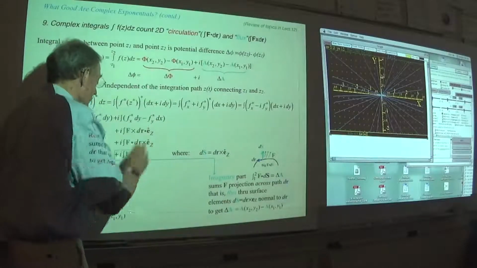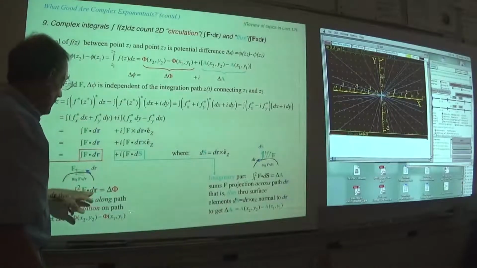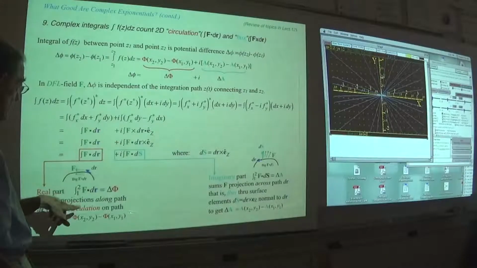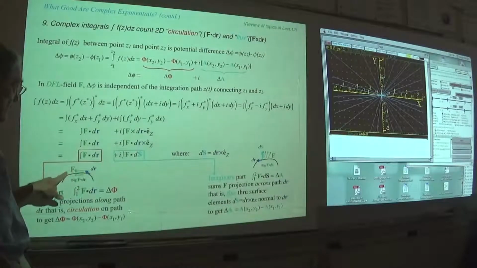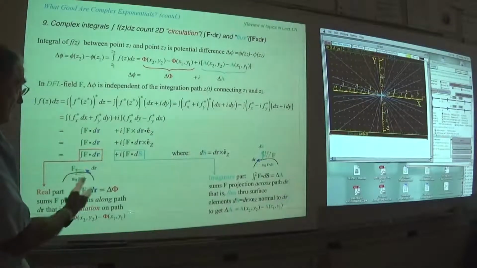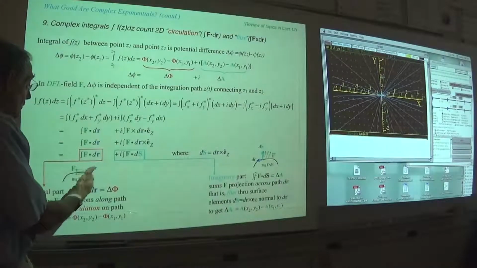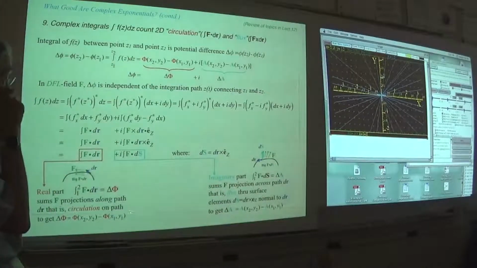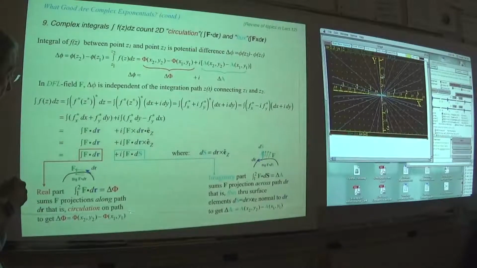One of them, that's this one, is calculating for you the circulation integral, that is the work integral, the integral of force dot distance, the most elementary thing that we've so far talked about in mechanics.